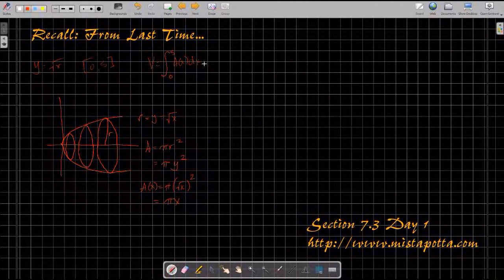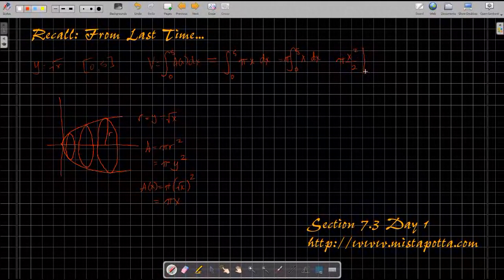And so finding my volume of rotation, I'm going to be integrating from 0 to 5 pi times x dx. And pi is a constant we can take completely outside of the integral. So I'm doing the integral from 0 to 5 of x dx, the antiderivative of which is x squared over 2 times pi.